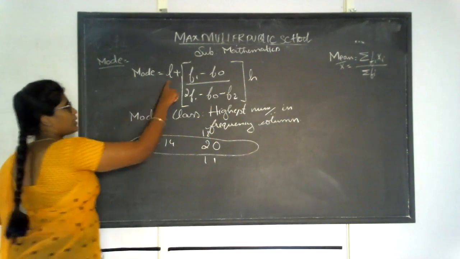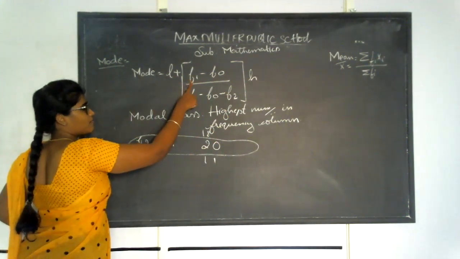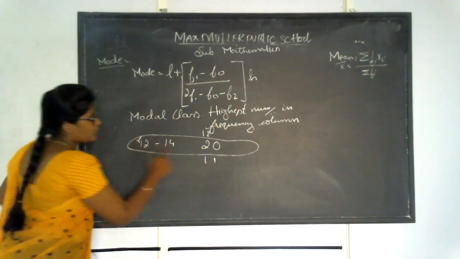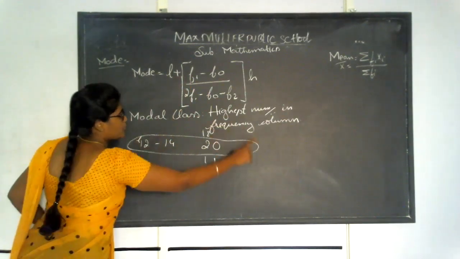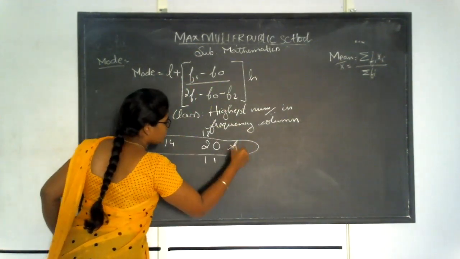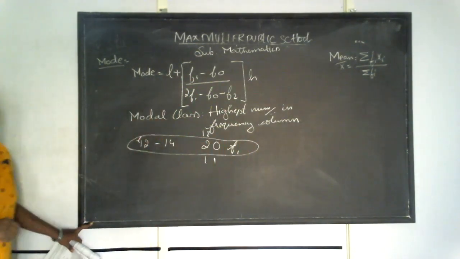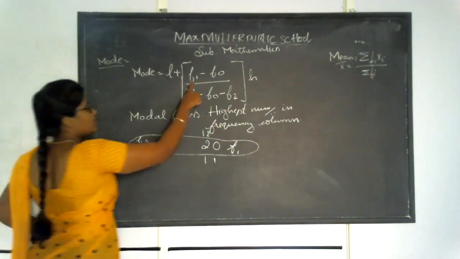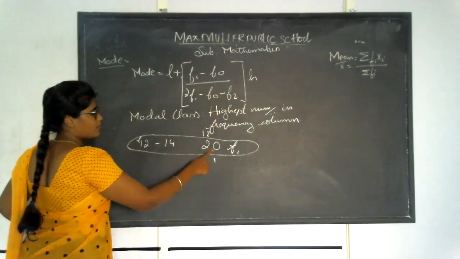Then inside the bracket, the first thing is F1. What is F1? The frequency of the modal class, whatever you have in the frequency column. Then after F1, what do you have? F0. What is F0?